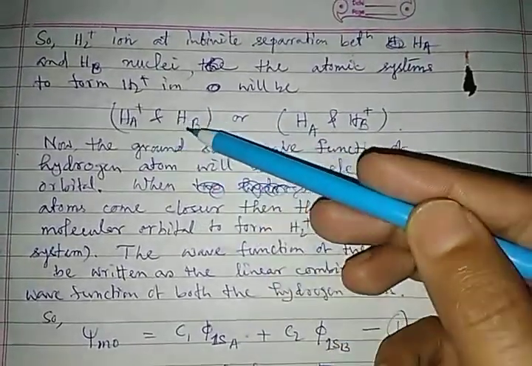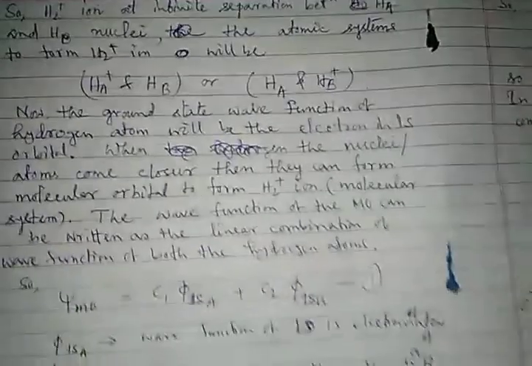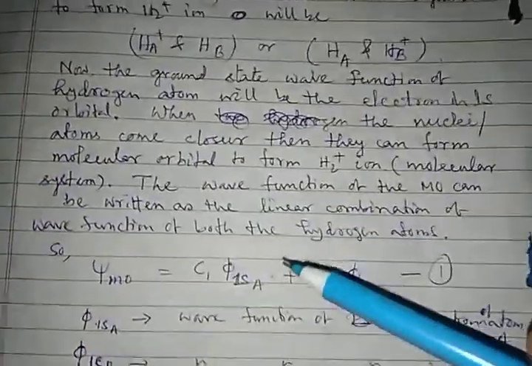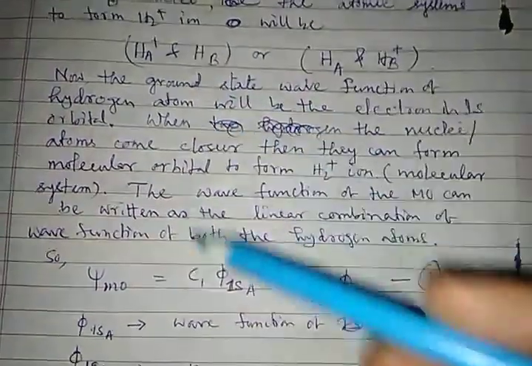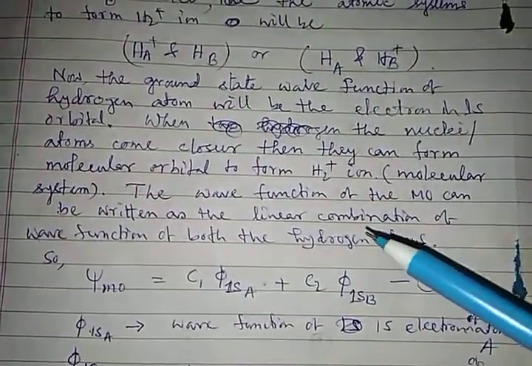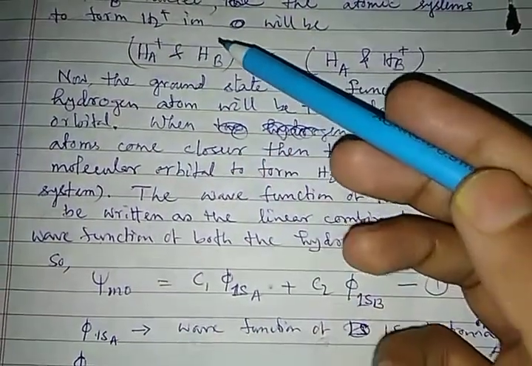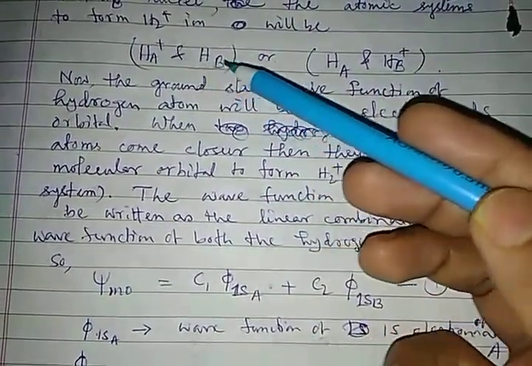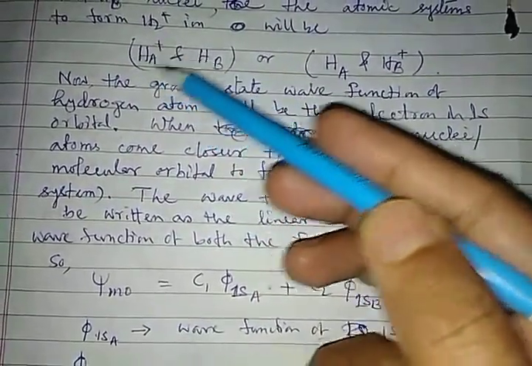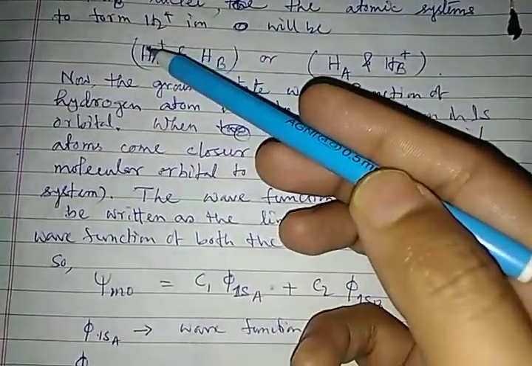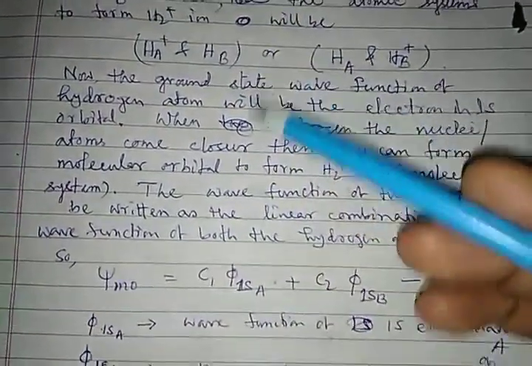When these two atoms come closer and closer, a distance will come when they form a bond. When they form a bond, the atomic orbital of HA and the atomic orbital of HB, that is hydrogen atom A and hydrogen atom B, forgetting about the charge, will combine to form the molecular orbital.